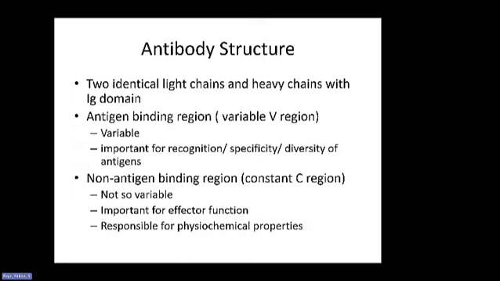Each of them has a particular type of physiochemical properties and particular effector functions, and that's because of the constant region, also known as the Fc region or fragment C of the antibody molecule.